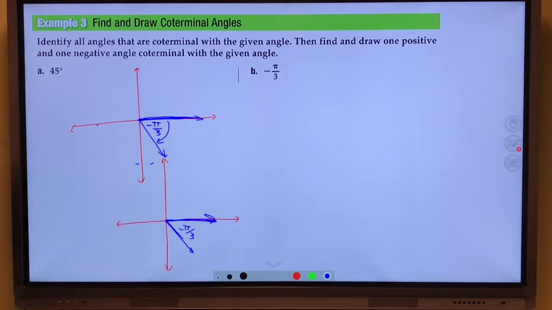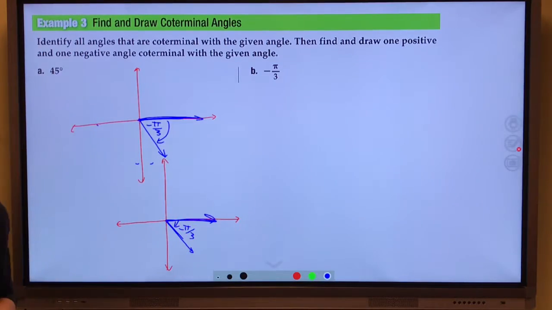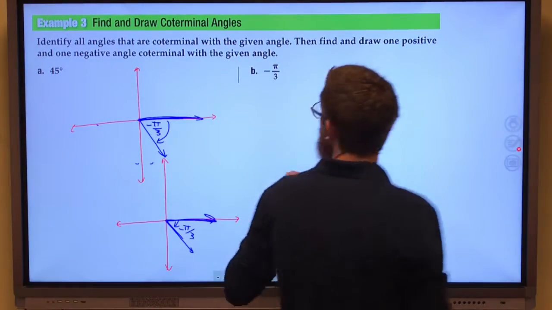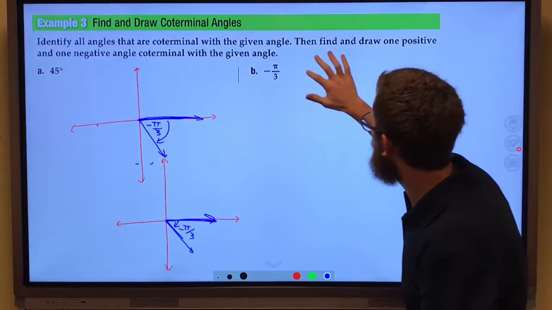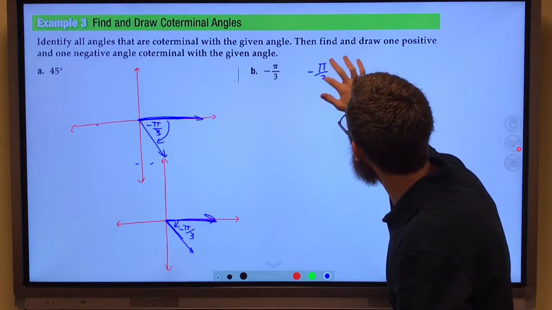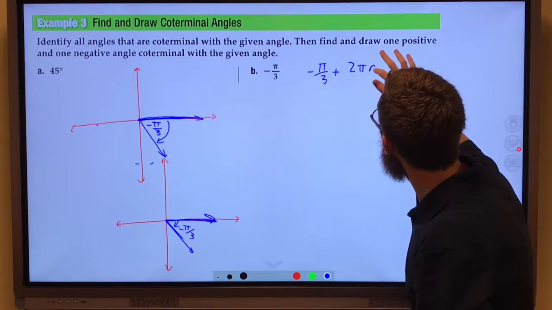All right. So we've got our negative pi over 3, but we want to find all angles coterminal to this one. So this is going to be negative pi over 3 plus 2 pi n.